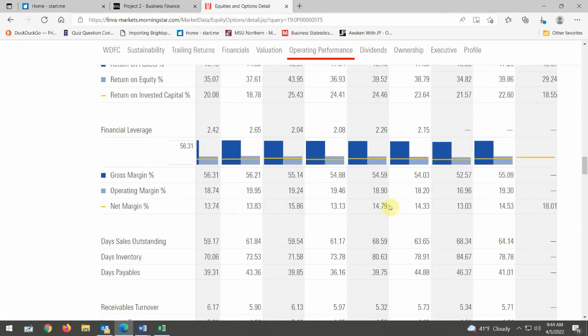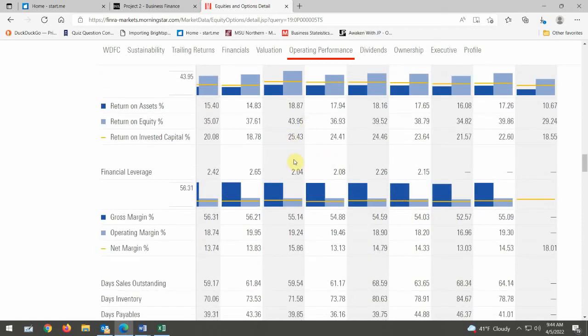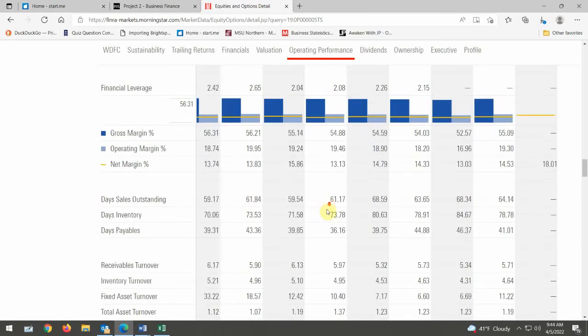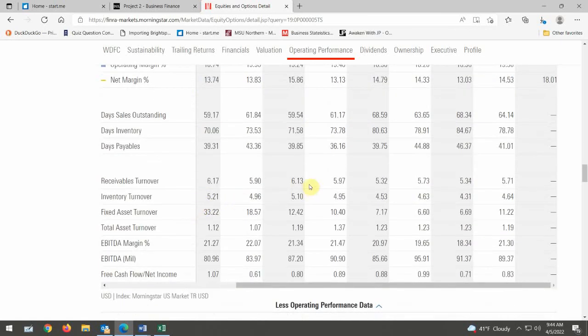Then their net margin is going to be 100% of revenue minus your cost of goods sold minus your operating margin, and that's going to give you this. Again, I suspect that's gone down over those few years. Days outstanding, receivables turnovers, take a look at those.